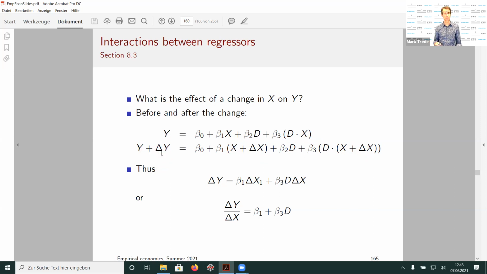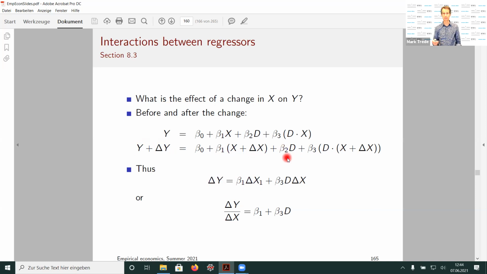Now we subtract the first equation before the change from the second equation, which is after the change. So we compute after the change minus before the change, then beta 0 drops out, it just cancels. Beta 1 x cancels. Beta 1 delta x does not cancel, so that remains. And on the left-hand side, only obviously delta y remains.